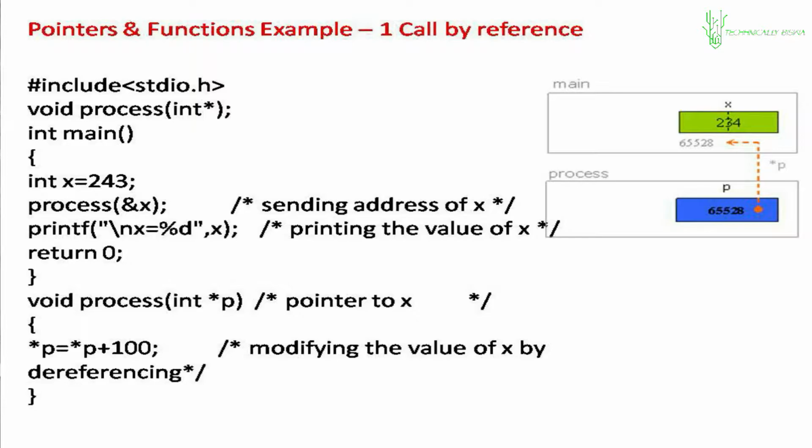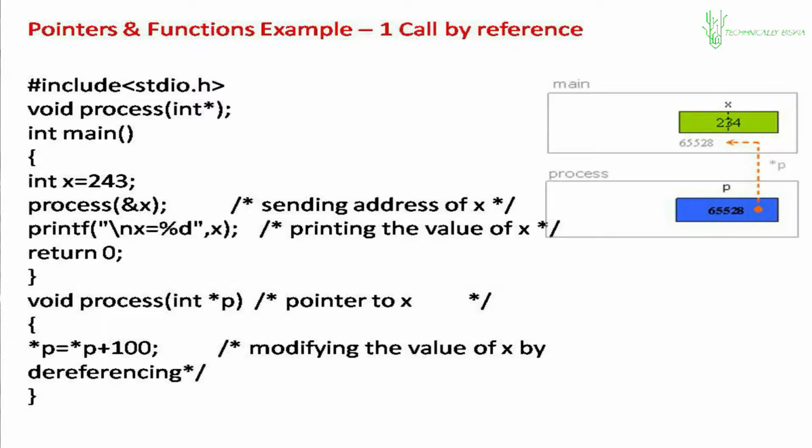There is a function called process function which takes one argument, and look at that argument. That is important, you need to understand it. If you look at the prototype of the function, you will find we are passing int asterisk.